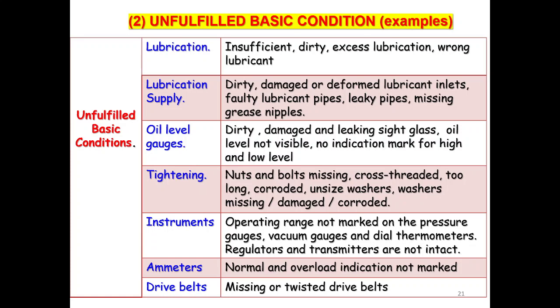Transmitters and regulators are not intact and found loose or detached. Electric meters found worn out, cannot be read, normal and overload indication not marked, no free access to view the meters. Another abnormality is the drive belt should be in good condition, not twisted, damaged, or missing.